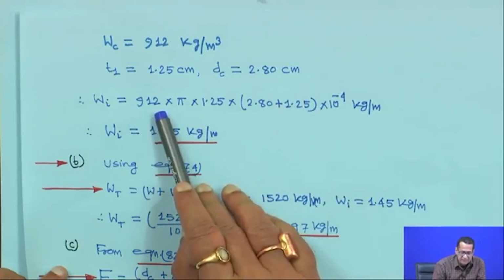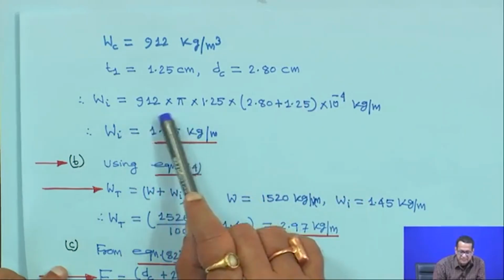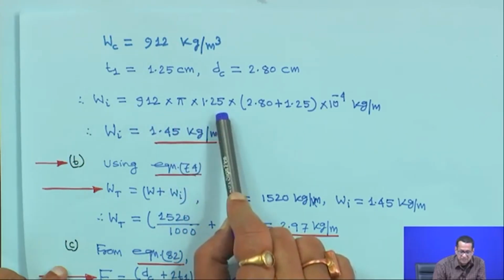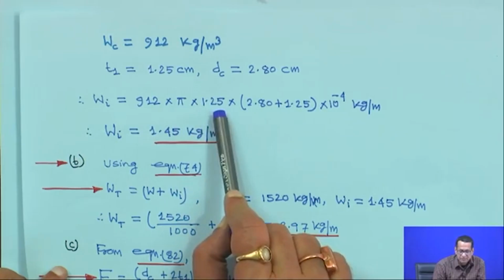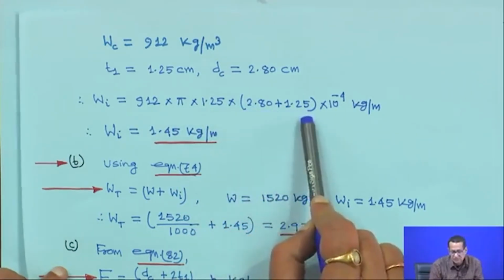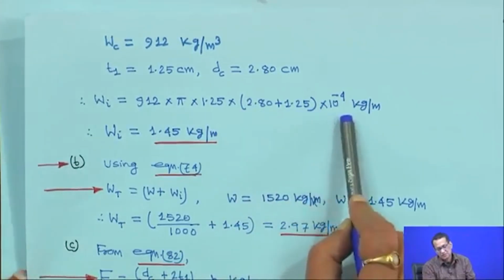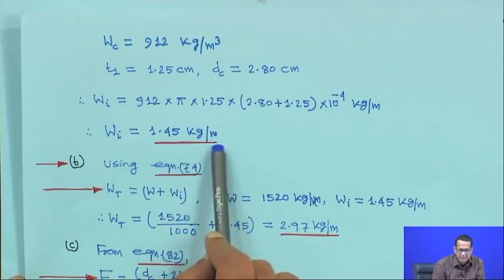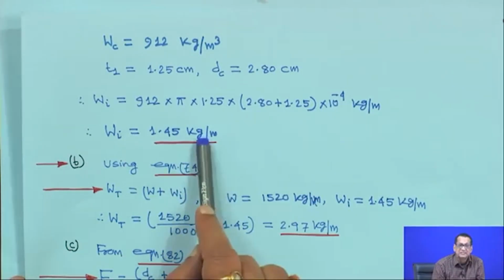So, W_i is 912 into pi into 1.25 into (2.80 plus 1.25) into 10 to the power minus 4 kg per meter. So, W_i will be 1.45 kg per meter, this is the weight of the ice.